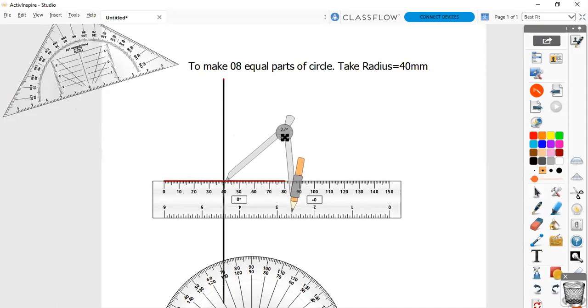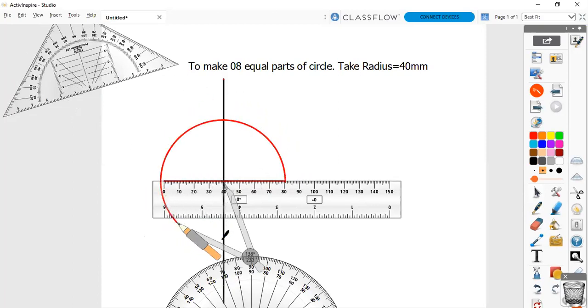Now use this compass, keep this point as a center, use the radius of this compass as 40, and now draw one circle.